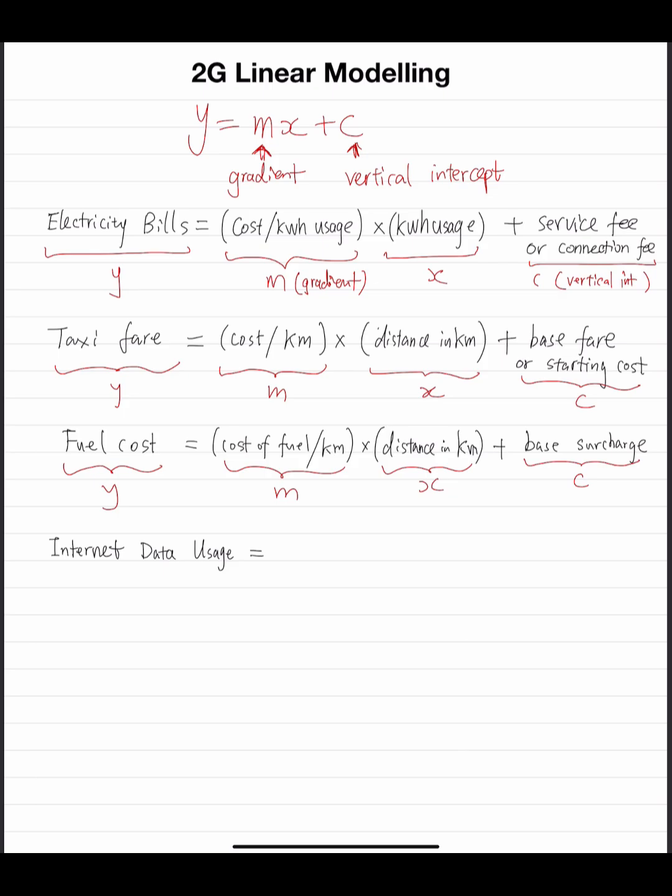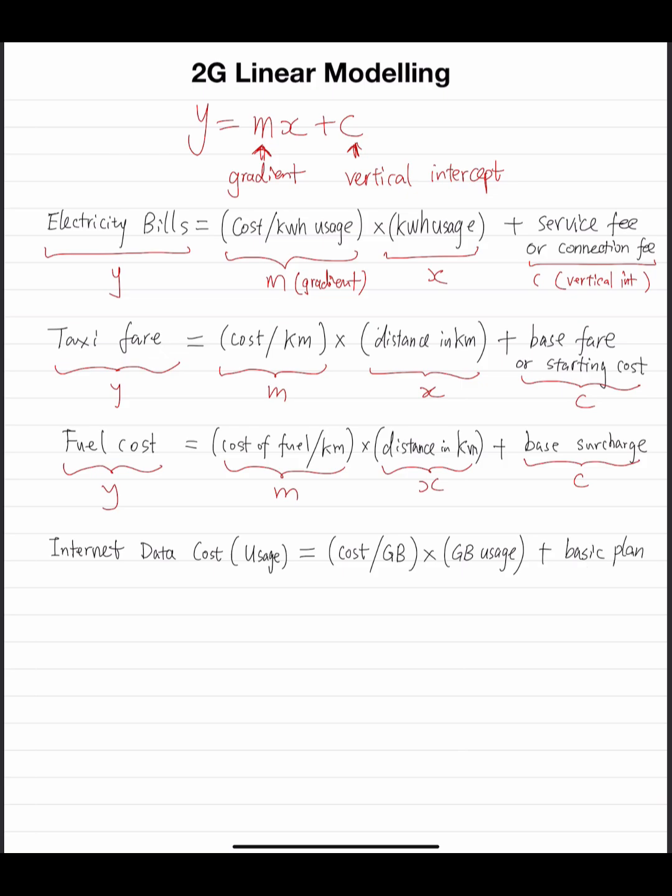You can also have internet data usage. They often ask us to use linear relations to construct the model. So the internet data cost can equal the cost per GB of data, where GB is gigabytes, a unit we measure data in, times the gigabyte usage, plus a basic plan cost.